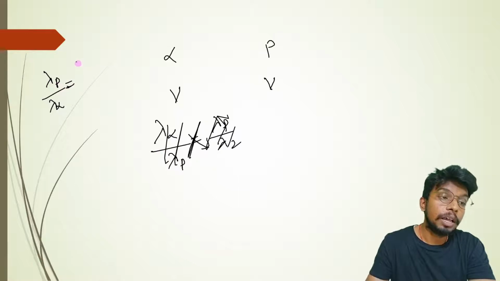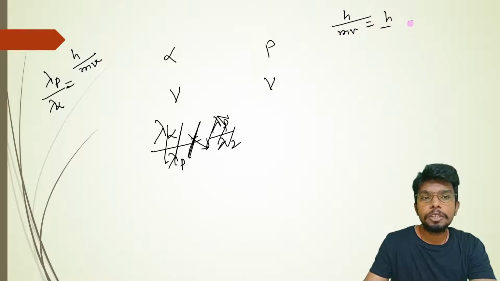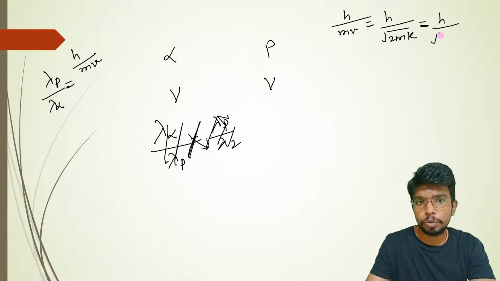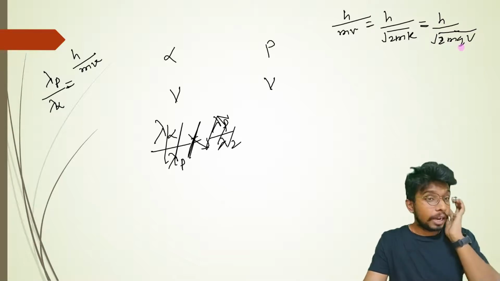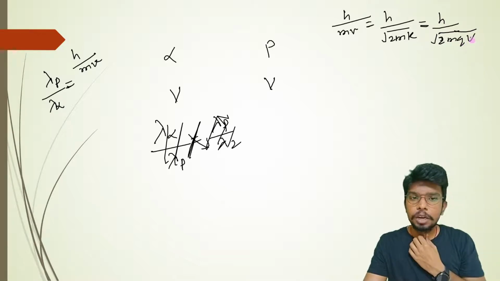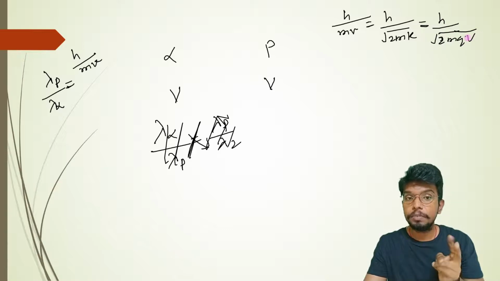Lambda for these particles like alpha and proton is going to be h over mv. You can write h over mv as h over root 2 m kinetic energy, which can be written as h over root 2 m q V. Here the charge and the potential, they have been given the same potential.